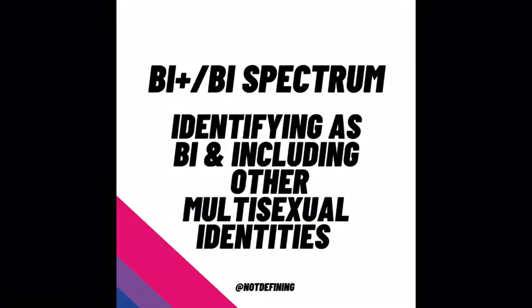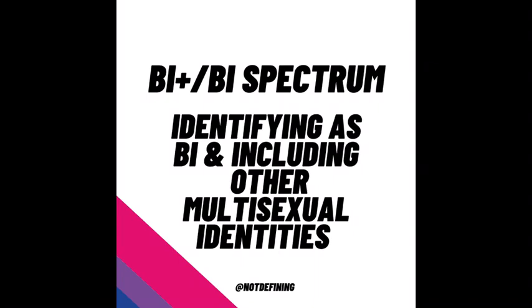Moving on to number 7, the next one is bi plus or bi spectrum. Yeah, if you are generally on the bi spectrum, you're not really sure where you fit, you can say, hey, I'm kind of on the bi spectrum, or I'm generally bi plus. Yeah, the good thing about using the term bi is that most people will kind of understand what that means.